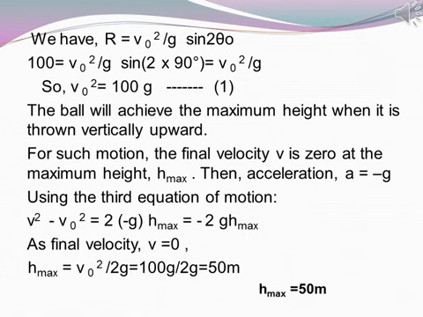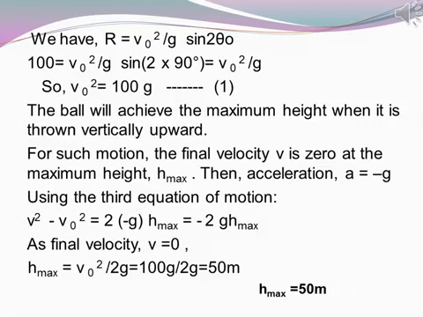Here, the ball will achieve the maximum height when it is thrown vertically upward. For such motion, the final velocity v should be equal to 0 at the maximum height, that is h maximum. Then acceleration will be acceleration due to gravity with minus sign, that is a is equal to minus g.